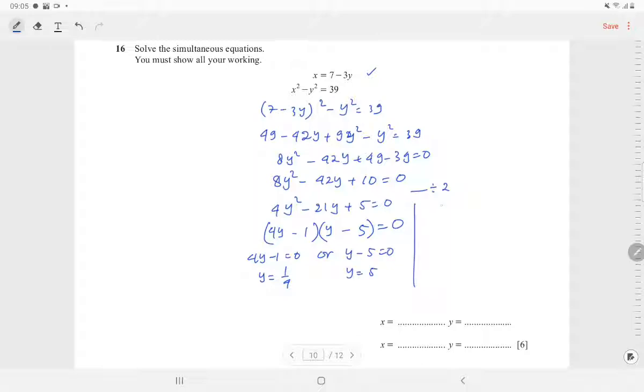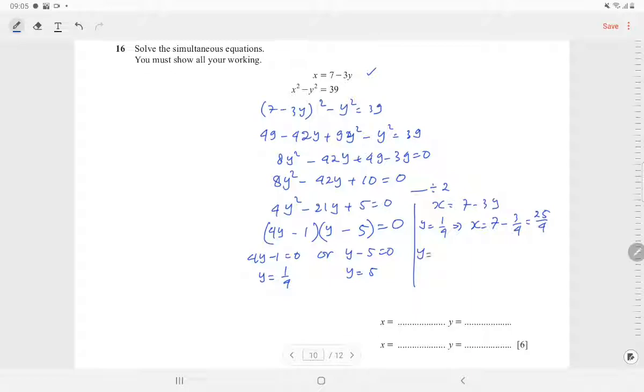Next, find the value of x. Because we have x equal to 7 minus 3y, when y equal to 1 over 4, x equal to 7 minus 3 over 4, which is 28 minus 3, it's 25 over 4.